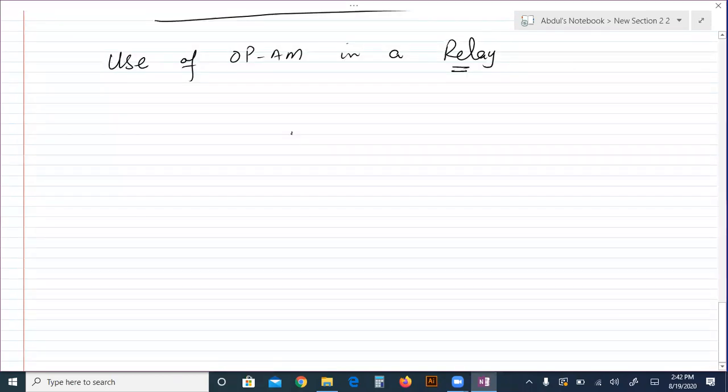Suppose this is the operational amplifier and it is connected in a comparator circuit, either a light intensity comparator or a temperature comparator. We suppose it's connected with the light intensity comparator. We have done that. This is the output.